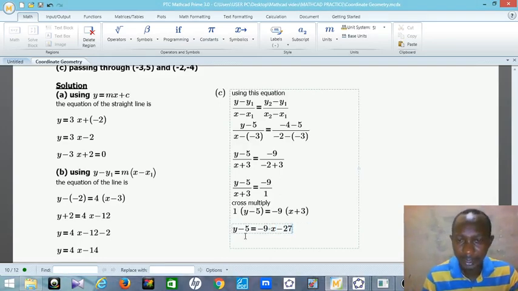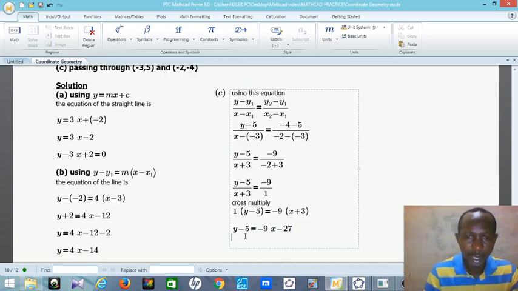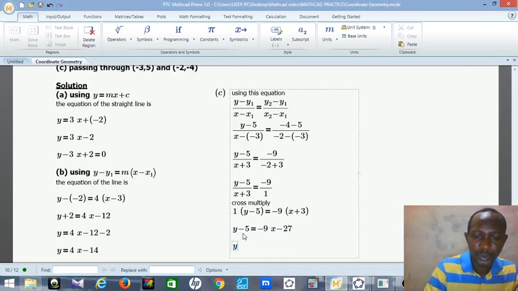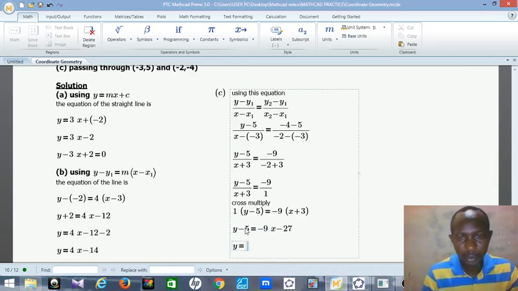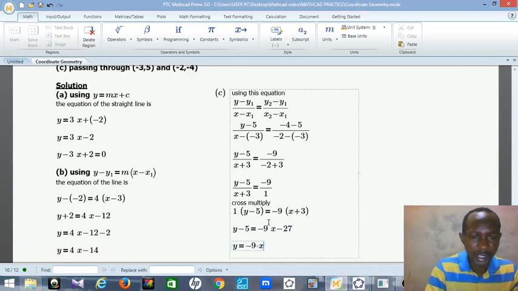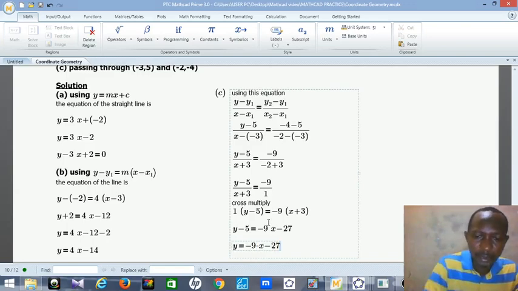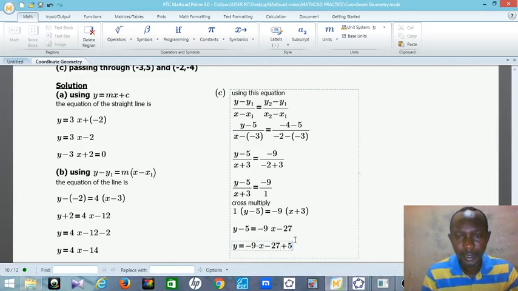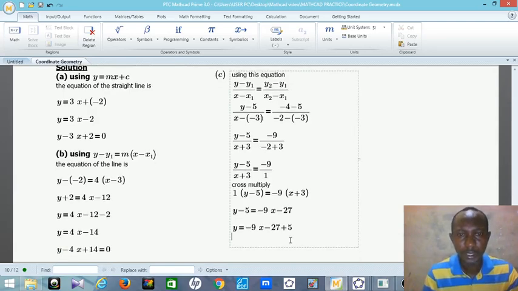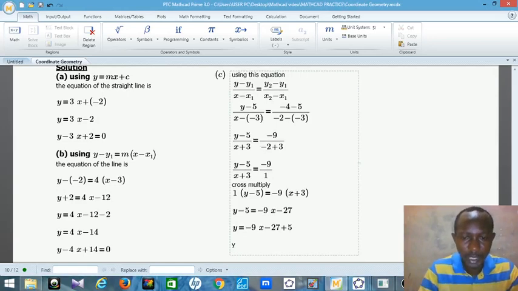And at the end now, see that we are almost done. y will now be equal to, minus 5 will become plus on the other side, which is minus 9x minus 27 plus 5. Then this will now give us y equal to minus 9x.